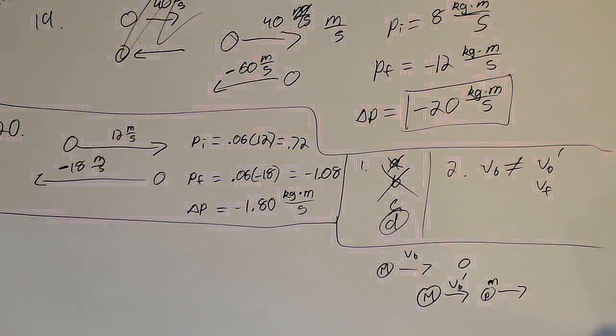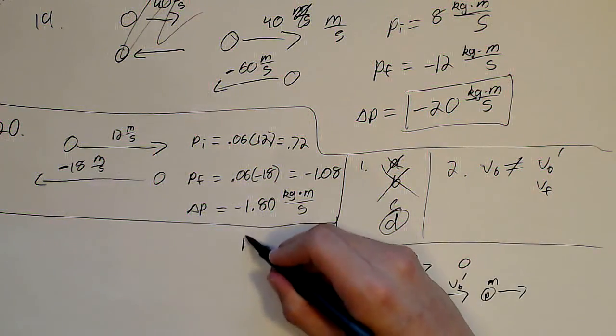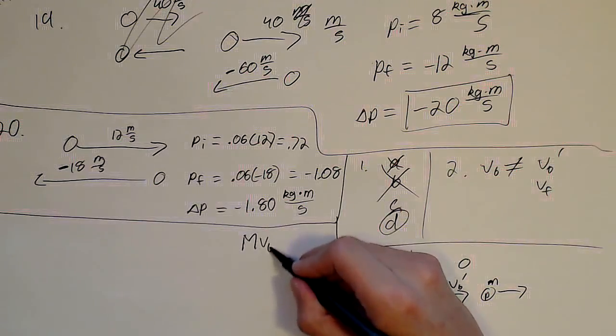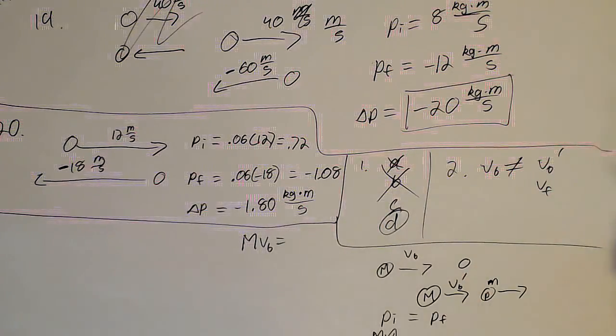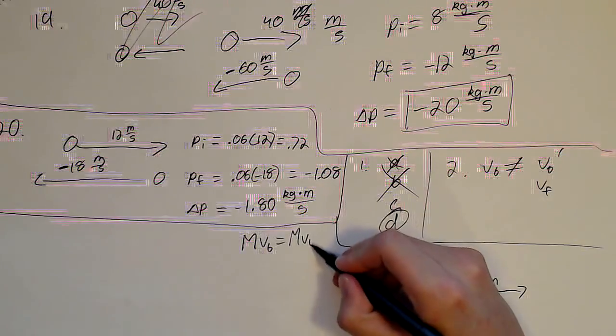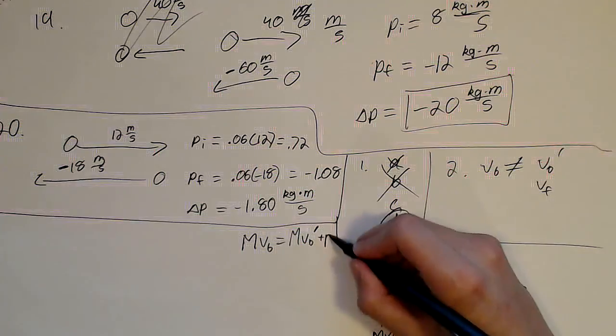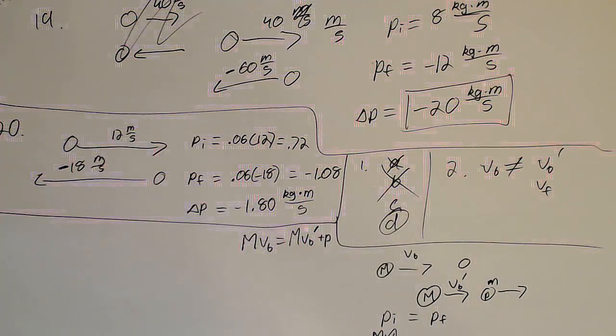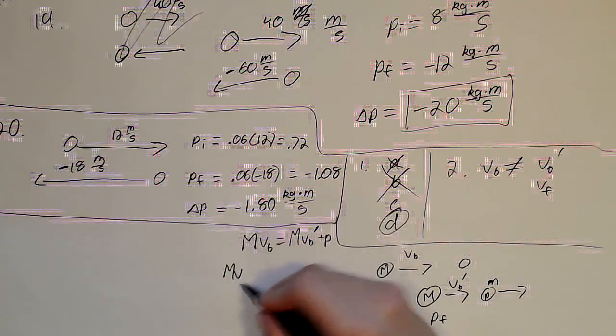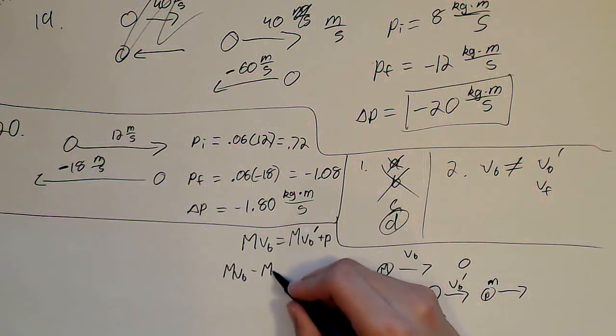So, the initial momentum is equal to the final momentum. So this means that m times vb of the ball initially is equal to m times vb prime, which is the final of the ball, plus the momentum of the bowling pin. So mvb minus mvb prime.